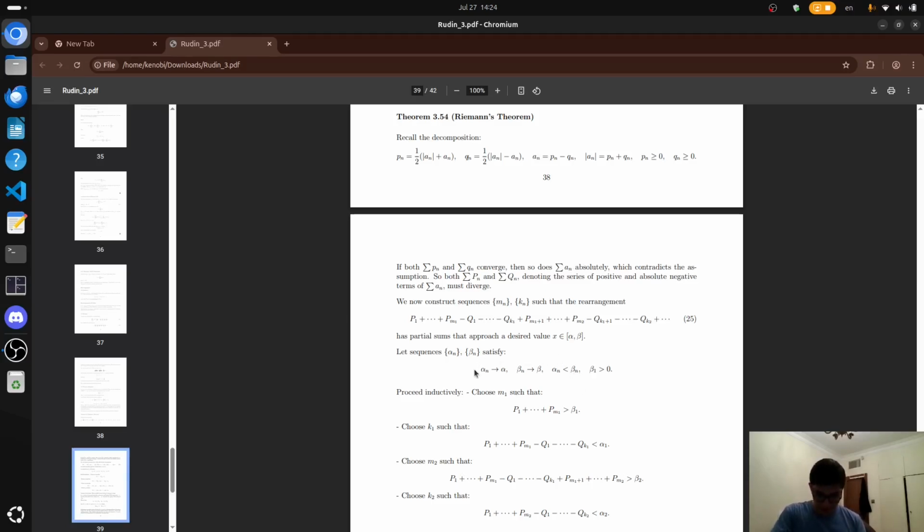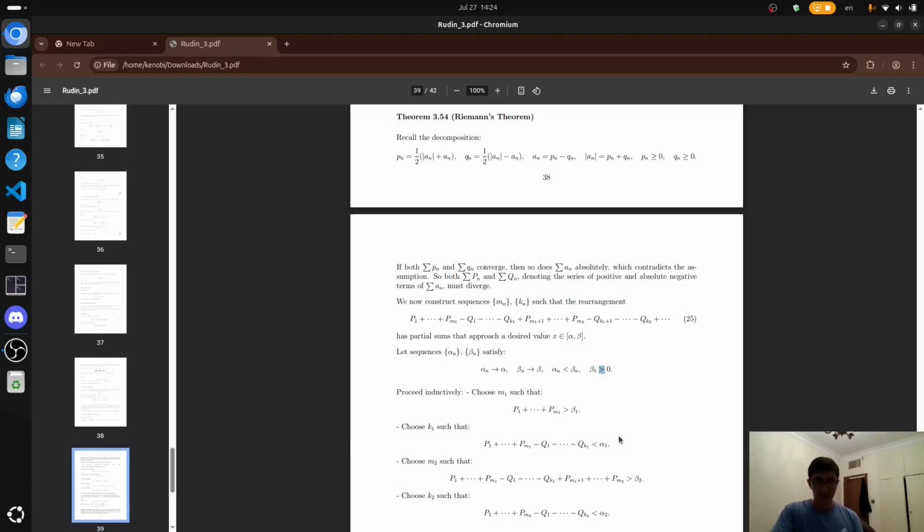Now you define sequences alpha n and beta n, which satisfy alpha n goes to A and beta n goes to B, with alpha n less than beta n and beta 1 greater than 0.